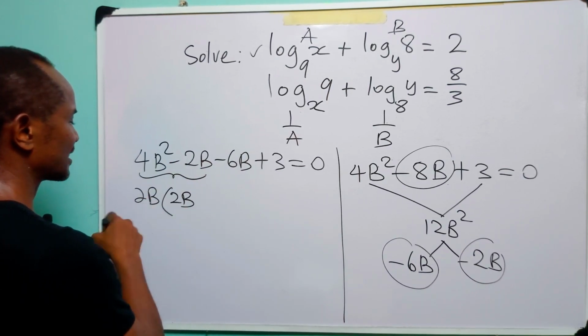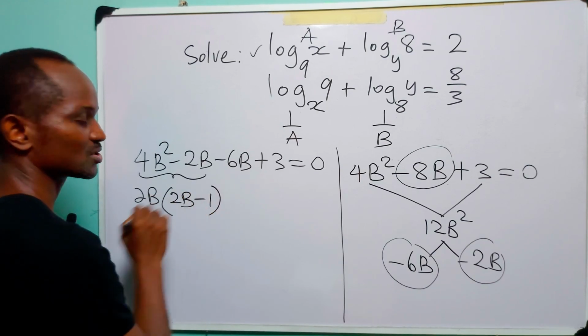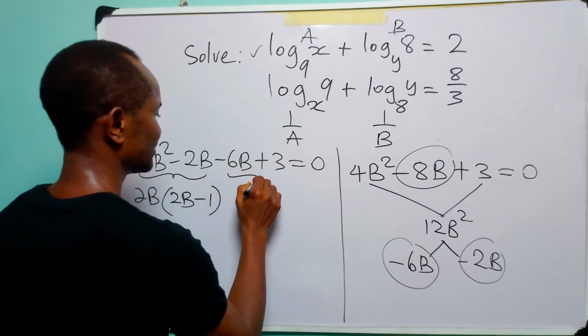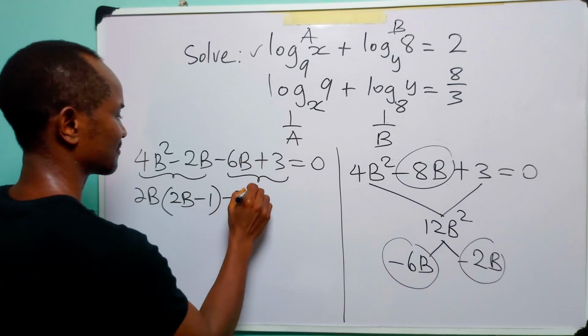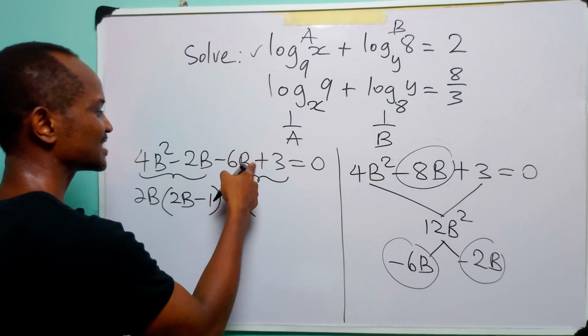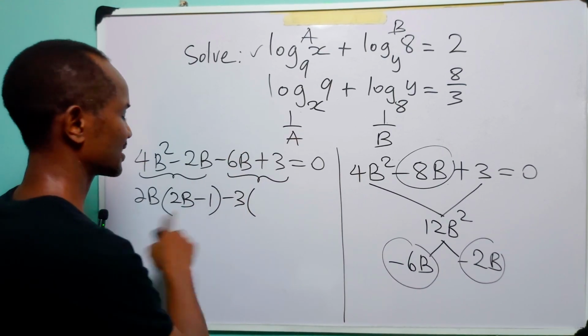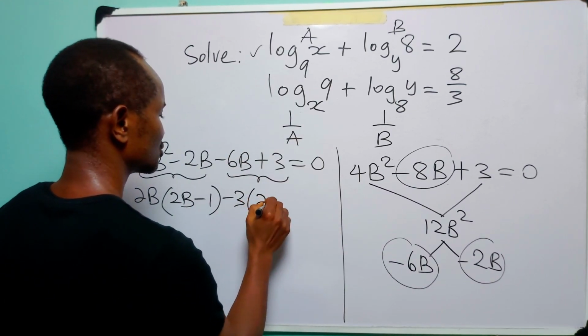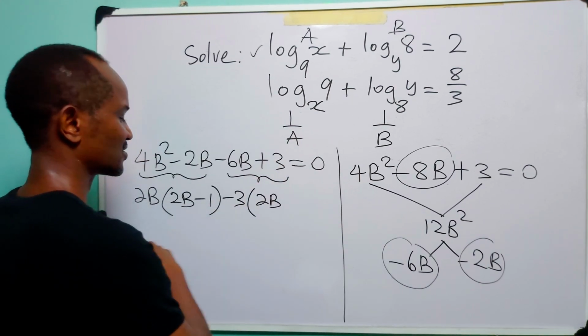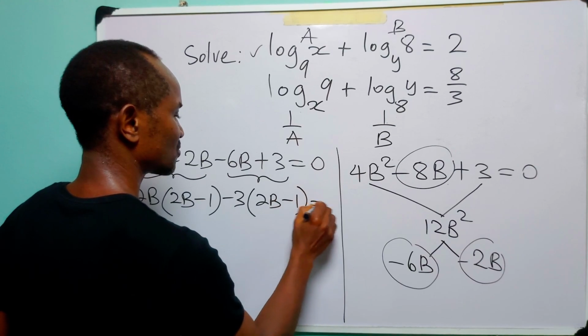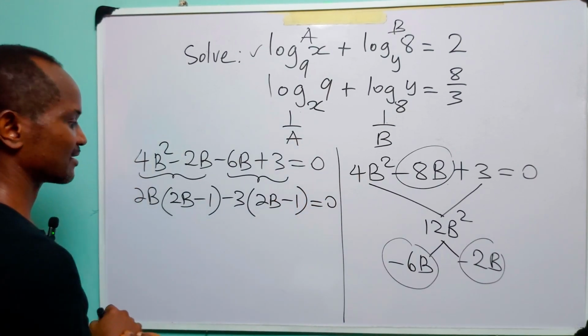Minus 2b divided by 2b is minus 1. We can divide these two by minus 3. Minus 6b divided by minus 3 is going to give us 2b. And plus 3 divided by minus 3 is going to give us minus 1. And this is equal to 0.